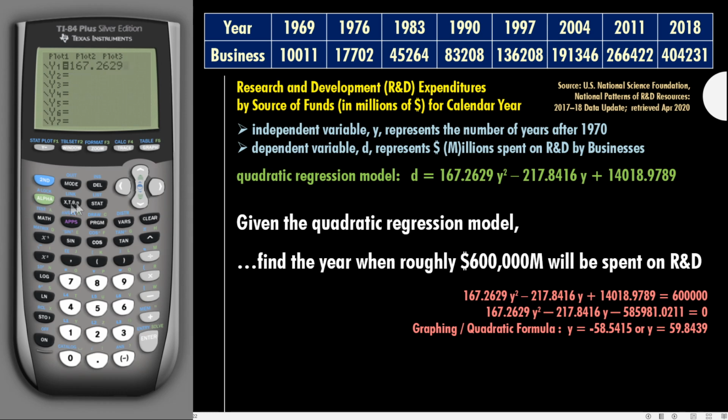Can't put a y, but I can put an X, and I'm going to go X squared, minus 217.8416, and then I'm going to hit X. And then I'm going to go minus 585,981.0211. And I've got that now entered into the calculator.